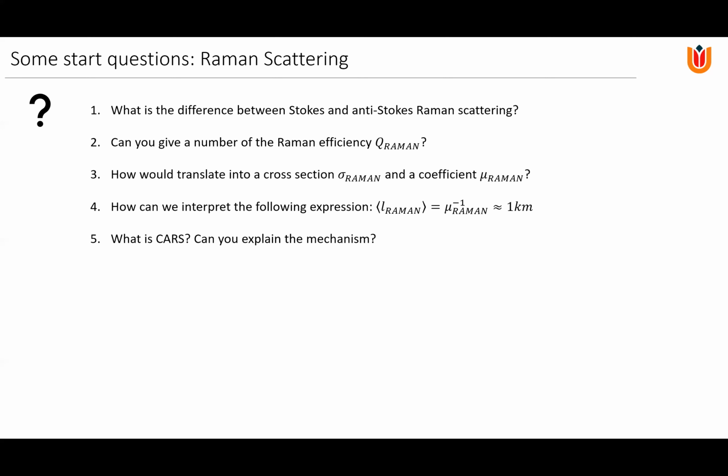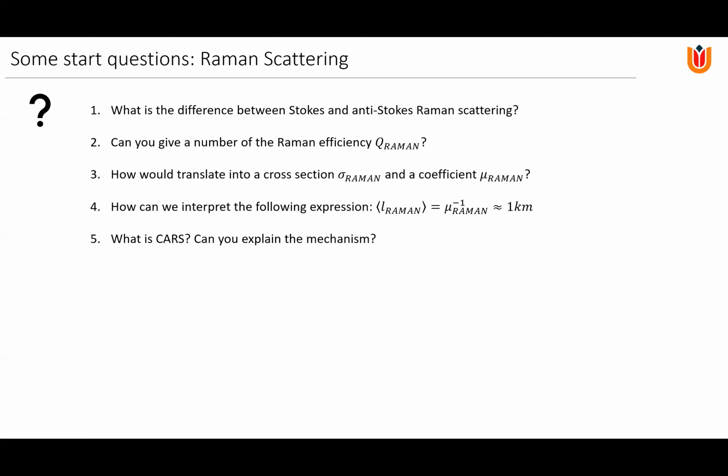So let's start with simple anti-Stokes Raman scattering. I would have a ground state here, a vibrational excited state here, and a virtual state here. What happens now?